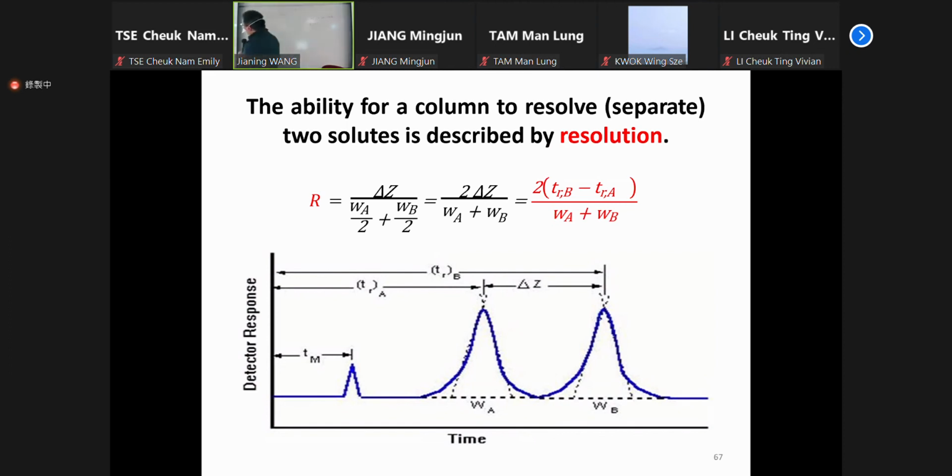If you cannot get the full width, the width of the base of the peak, you can still calculate the resolution, right? We can measure the full width at half height. You also know there are some simple mathematical relationships here.